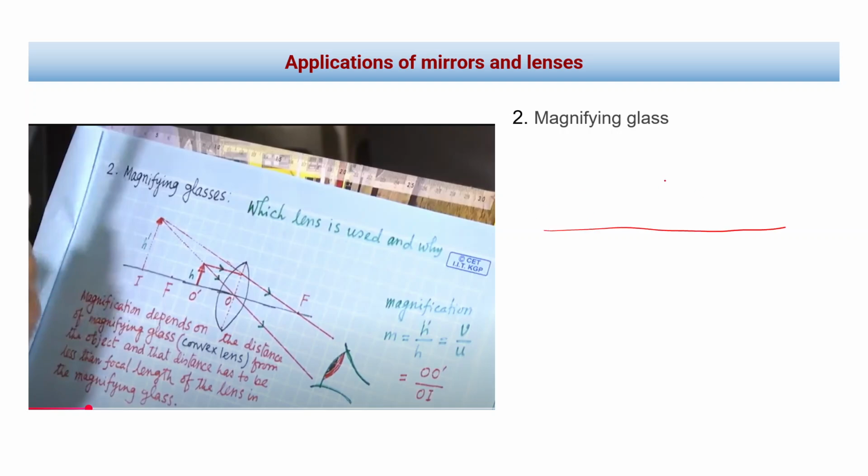Like, consider we have convex lens, and again, as I said, for magnifying glass to be useful, we have to keep it closer to the object, means the object distance from the lens should be less than the focal length.